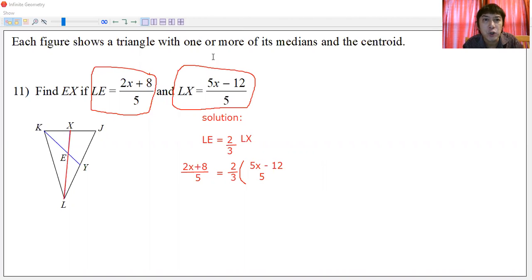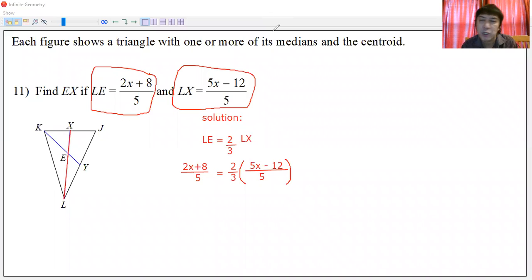We put the line for the division, and then we close the parenthesis. All right, and so we have our equation.